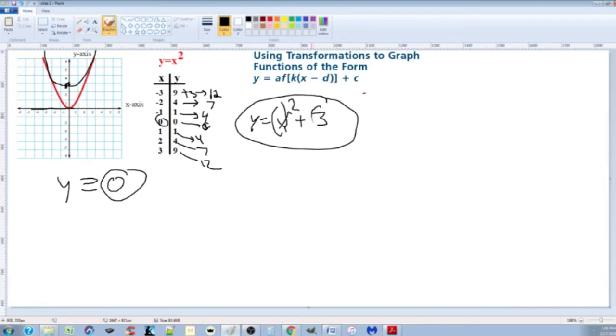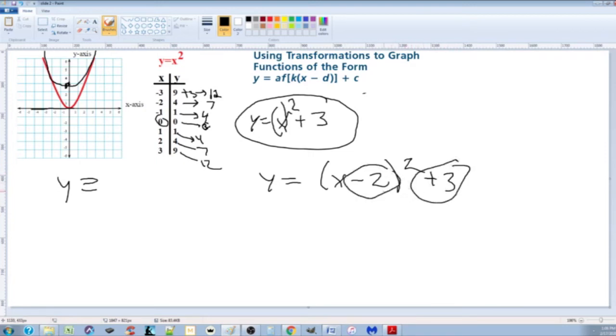That was easy to figure out because, as you remember, in any parabola the vertex is right in the formula. The vertex is actually the opposite x, so plus 2, comma, whatever this is, plus 3.